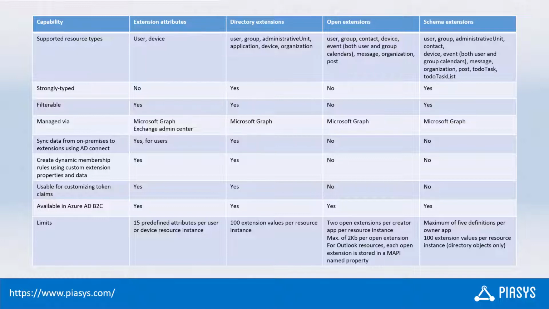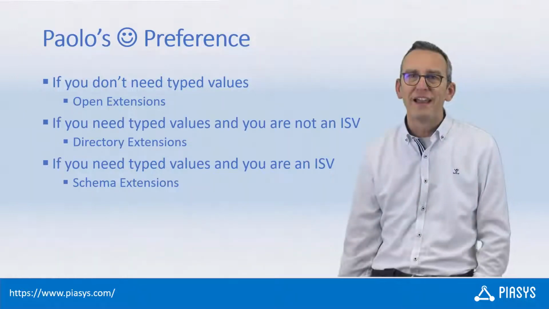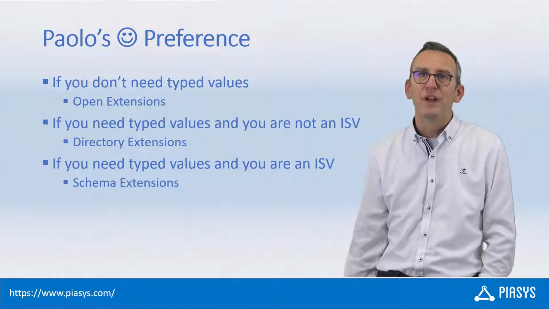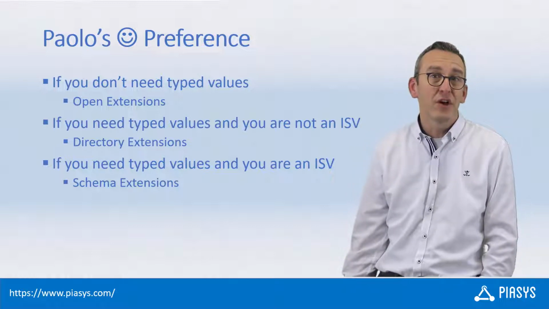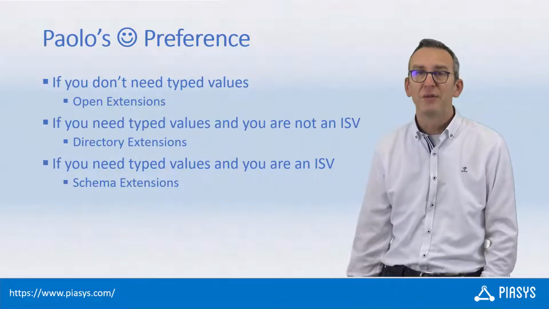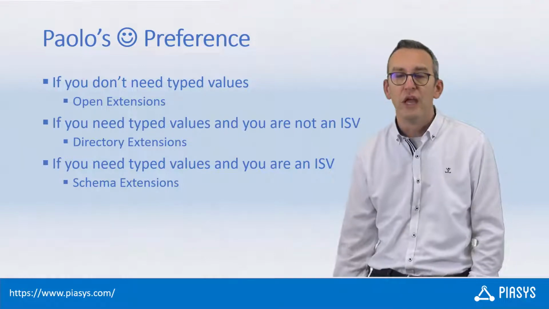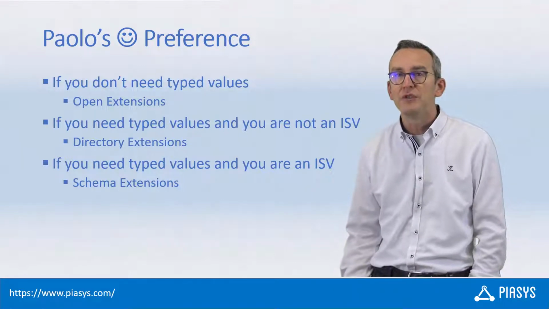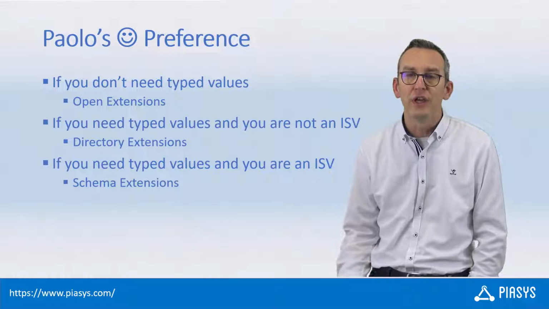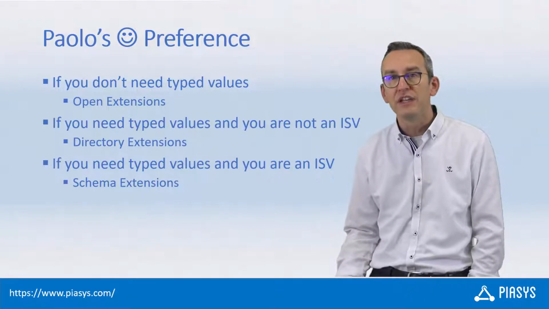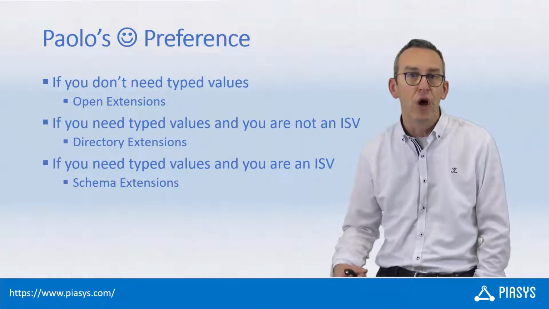So, just to try to find an answer to the question what is the best option, as I said, the best option is not just one, but it really depends on what you want to do. For example, if you don't need to have fully typed values, in my opinion, the open extensions are a really good option.